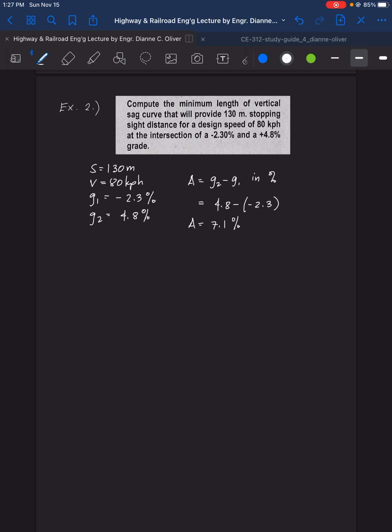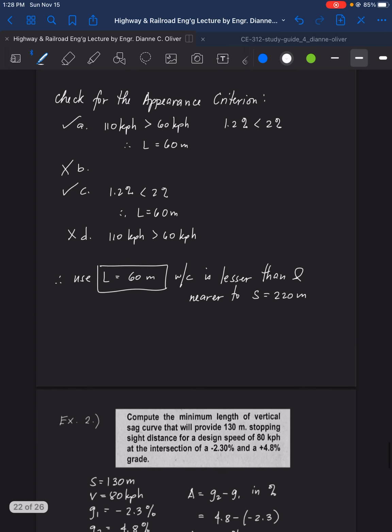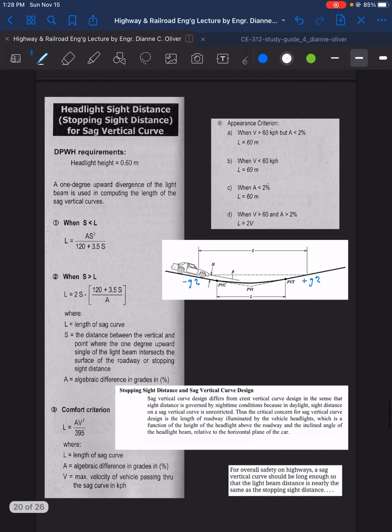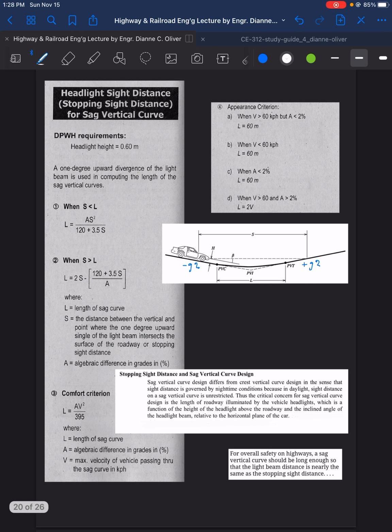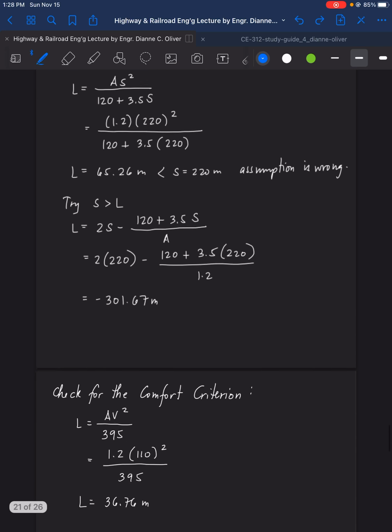Okay, now let's assume, for the first one, of course, assume S is lesser than L. So again, from these formulas here, we will first use the one for the headlight sight distance, next the comfort criterion, then the appearance criterion.